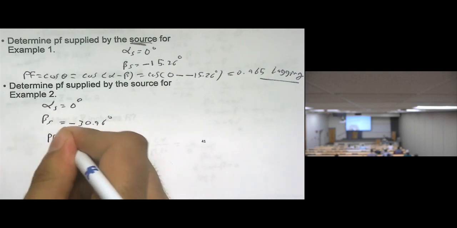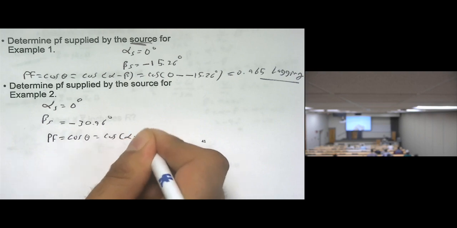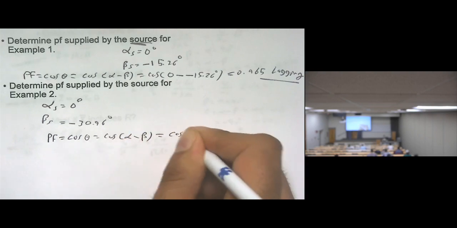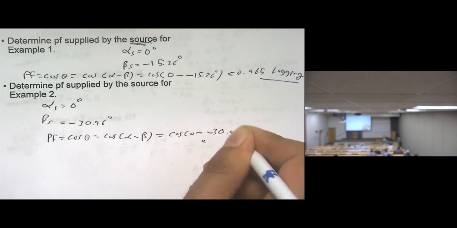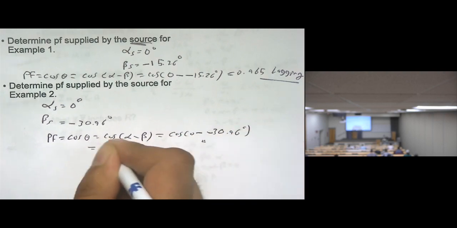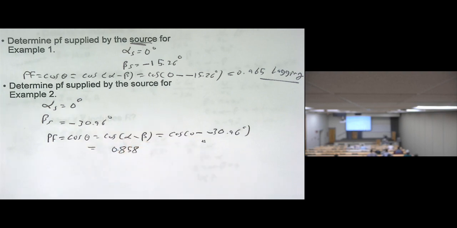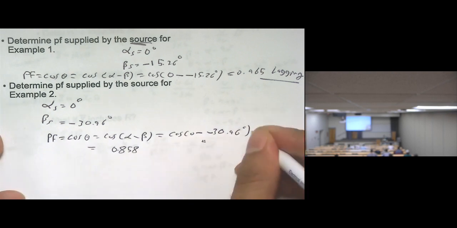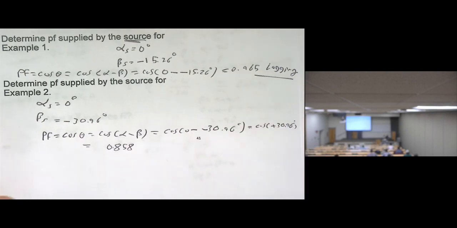Power factor is cosine of theta, which is cosine of alpha minus beta, which will be cosine of 0 minus negative 30.96 degrees, and it's going to be 0.858. And is it leading or lagging? Lagging, because the angle is positive. We can rewrite it as cosine of positive 30.96 degrees. That's why it is lagging.